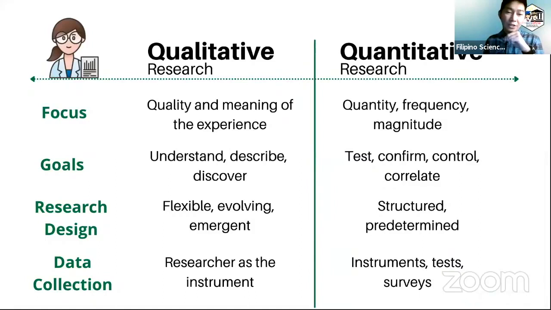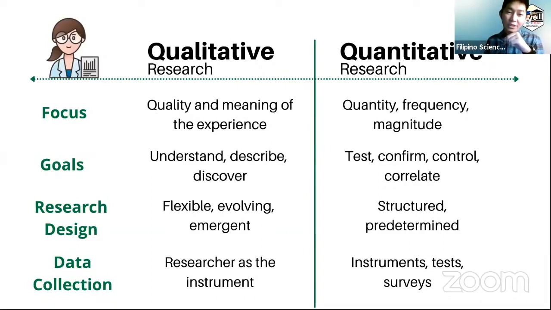Now in terms of data collection, in qualitative research, the researcher is the instrument. So all the data is personally gathered by the researcher, and this often would just involve the data that the researcher can handle.